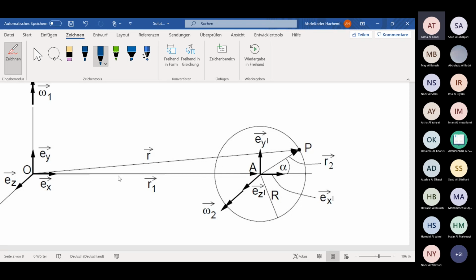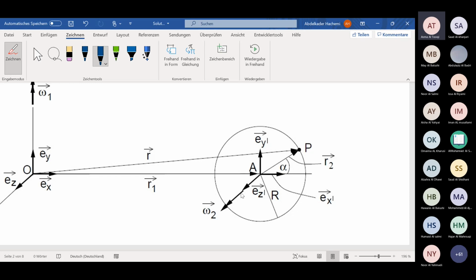Now you have to make the distinction between the two coordinate systems. Relative to this coordinate system, we get the frame one, and taking into consideration this coordinate system, we get the relative one.